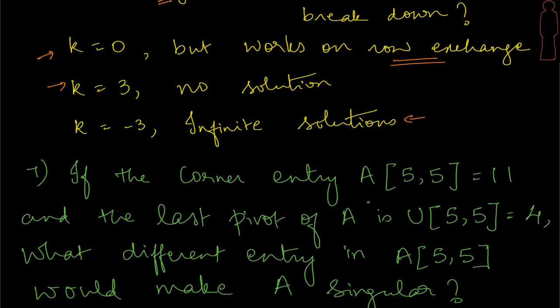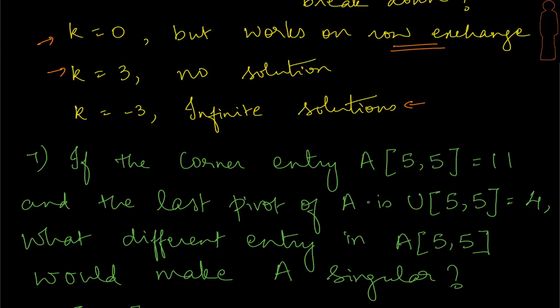Okay, so let's move ahead to another interesting question. It is not even giving us the coefficient matrix. It's only asking this question saying, I have A, seemingly the corner entry, right? So I can figure out something here. The corner entry A55, so it must be a 5 by 5 coefficient matrix. That one is said to be 11.